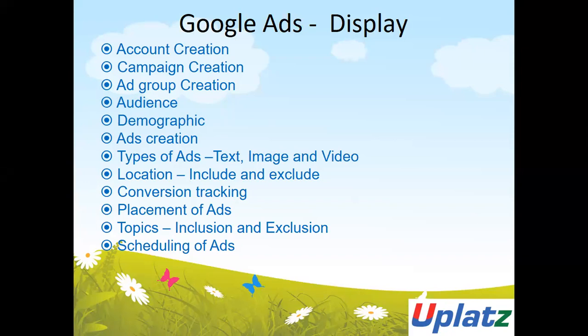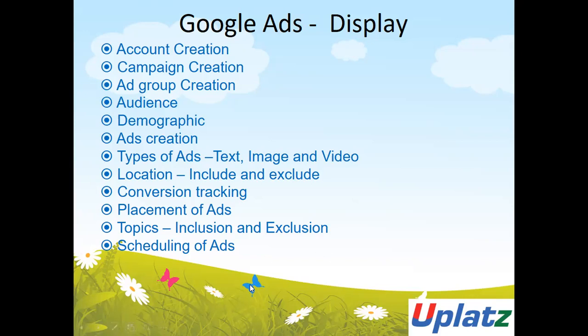So when your client comes to you and insists you run the ad, you have to dig out some information. Where is the audience? What type of audience? What is the taste of the audience? What kind of content is the audience going to read? You have to identify and understand all these things with the help of various questions.